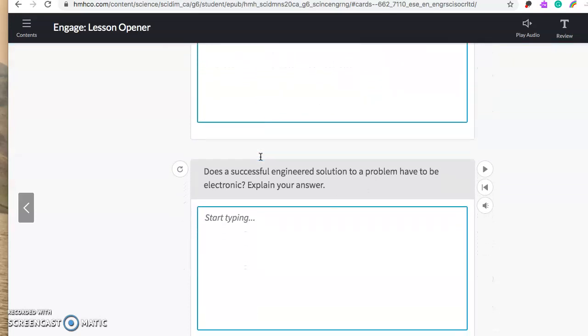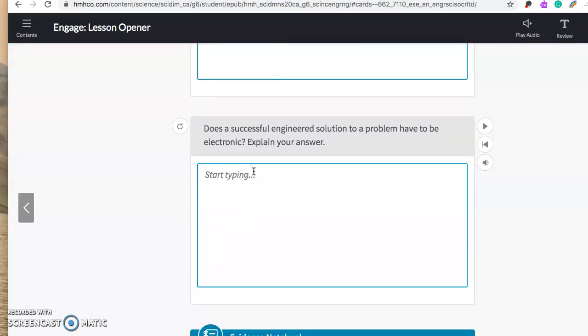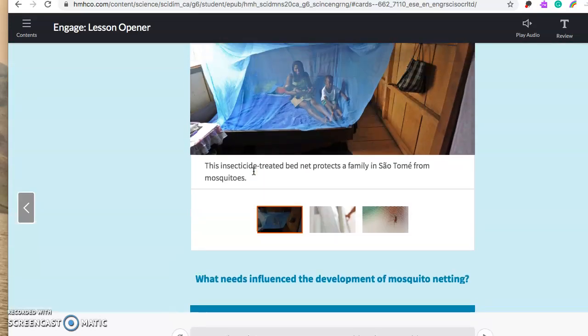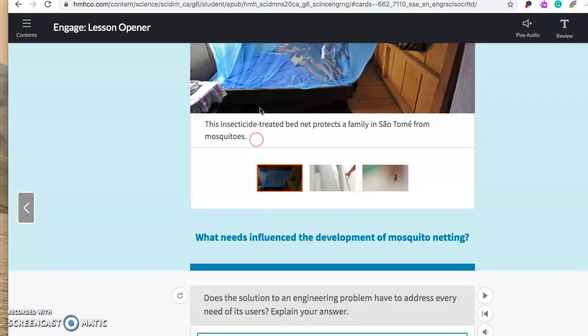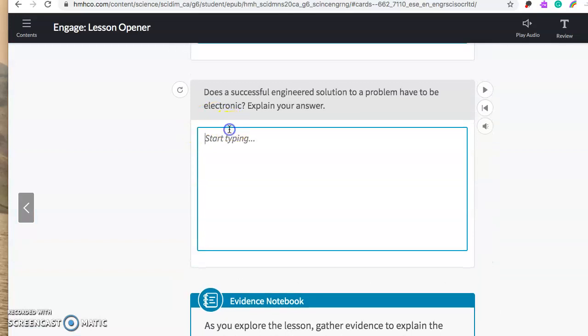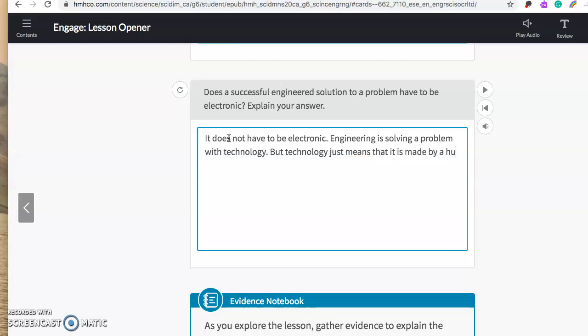Does a successfully engineered solution to a problem have to be electronic? So looking at this netting, it's not electronic. So I would say it does not have to be electronic. Engineering is solving a problem with technology, but technology just means that it is made by a human.